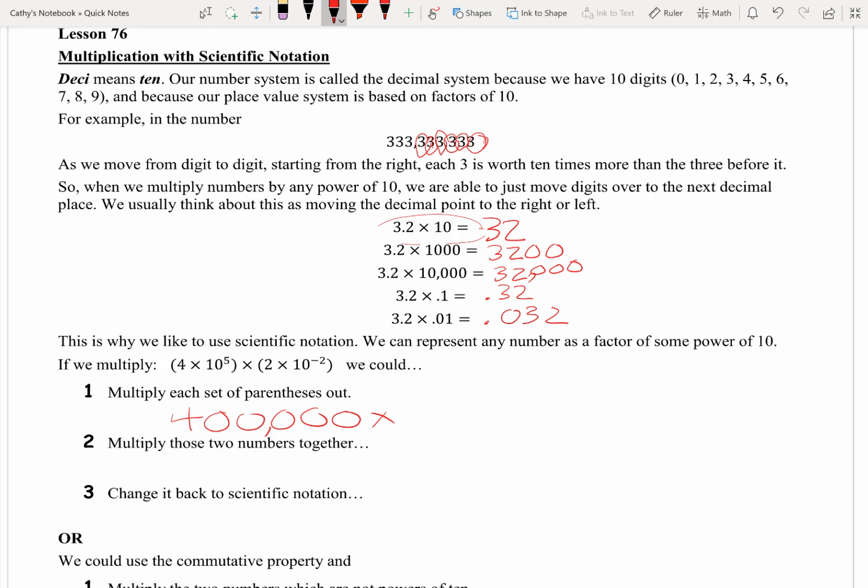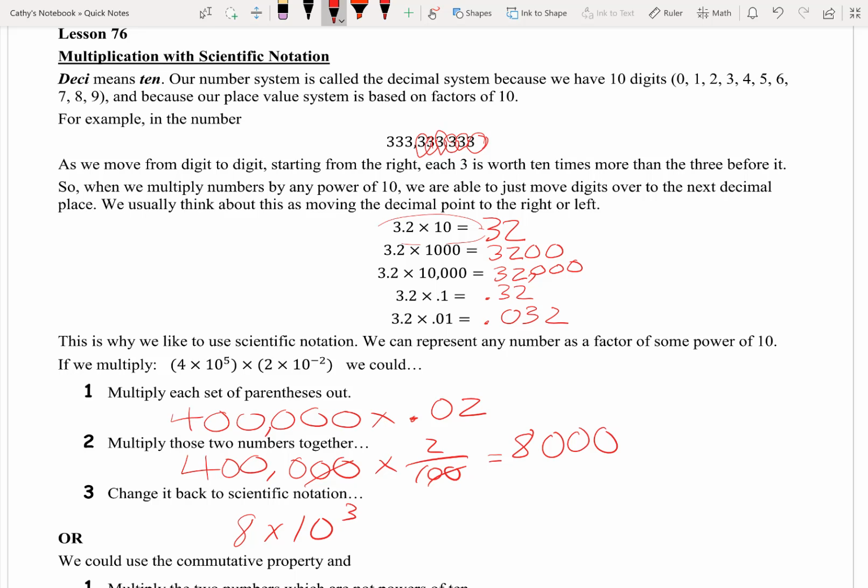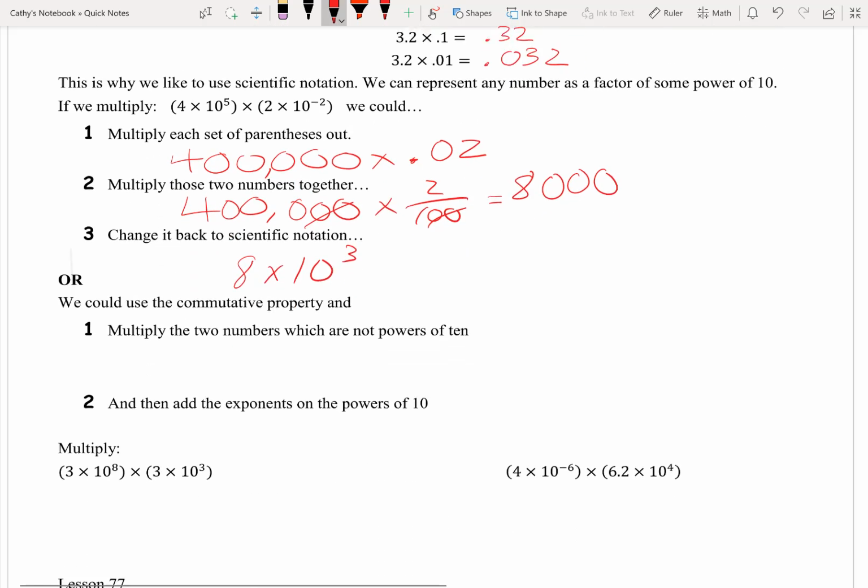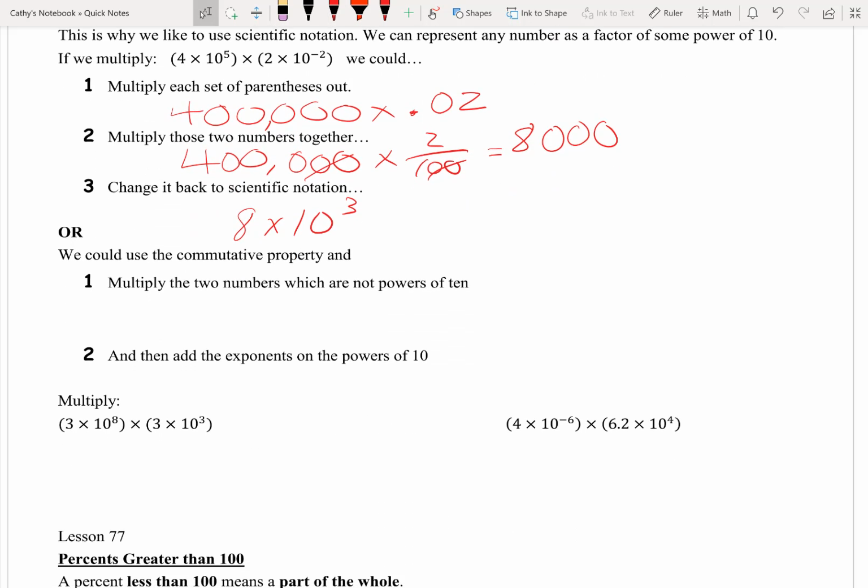And then 2 times 10 to the negative 2, I would move that decimal 2 to the left and get 0.02. And then I could multiply those numbers out. So 400,000 times 2 100ths. I could cancel 2 of the zeros and I would end up with 8,000. And then I could write that in scientific notation as 8 times 10 to the 3rd. That's one way I could do this problem, but that is not the way I'm going to do it. There's a much more efficient way to do it.